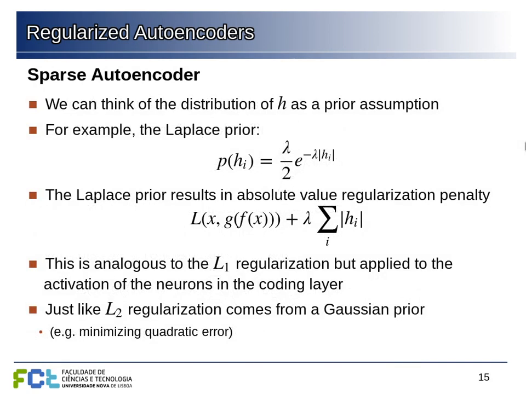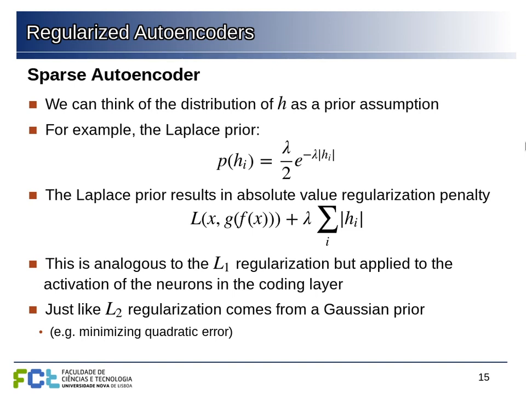This is actually similar to L1 regularization, or, if we look at it from a Bayesian perspective, it would be using a Laplace prior, which corresponds to adding a penalty on the absolute values of the activations, similar to what we saw for L1 regularization.